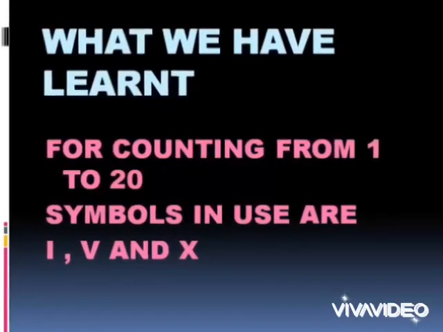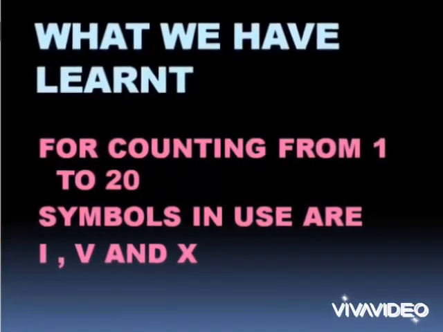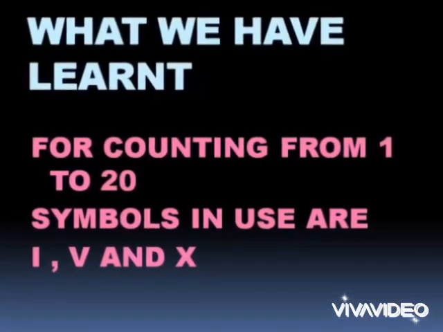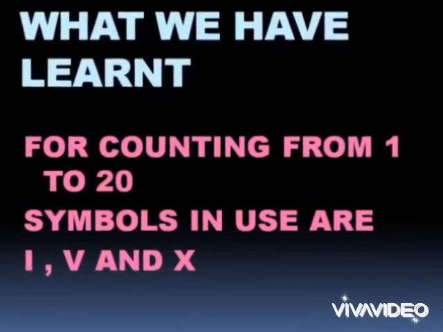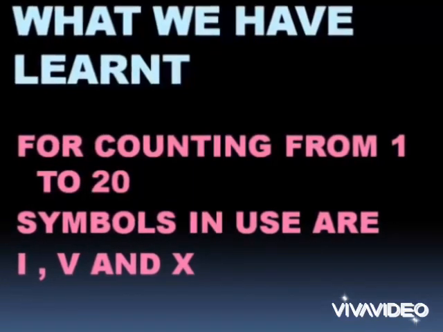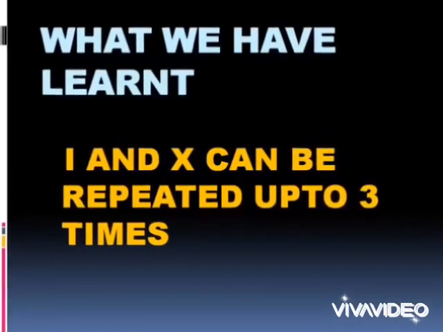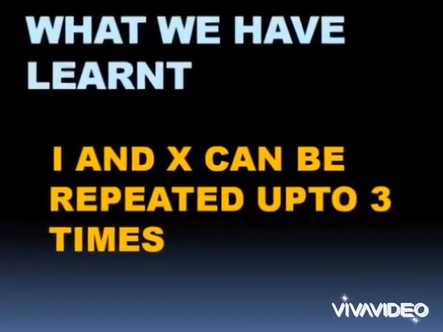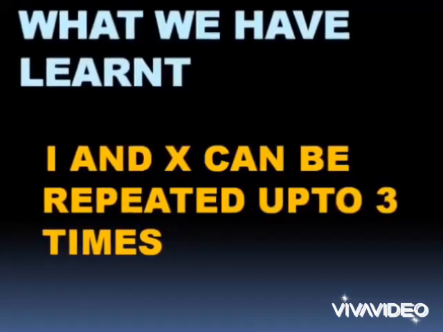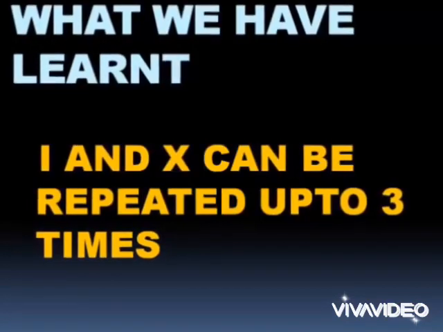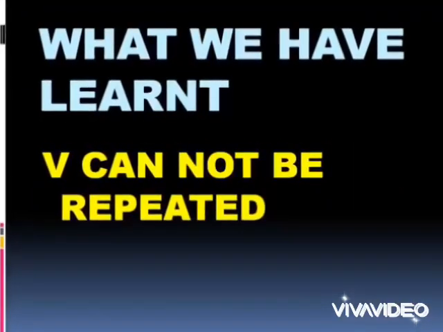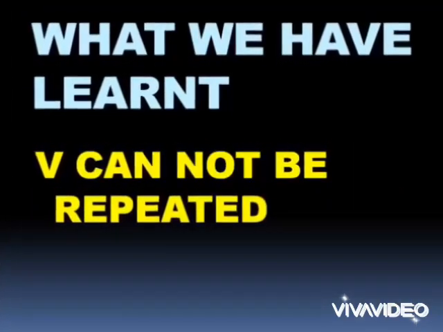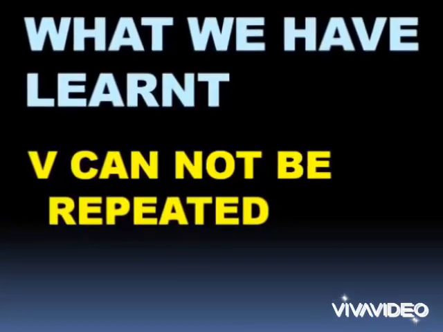So we have learned that for counting from 1 to 20, the symbols which we use are I, V and X, where I and X can be repeated up to 3 times. They cannot be repeated more than 3 times, and V cannot be repeated. It is only used once.